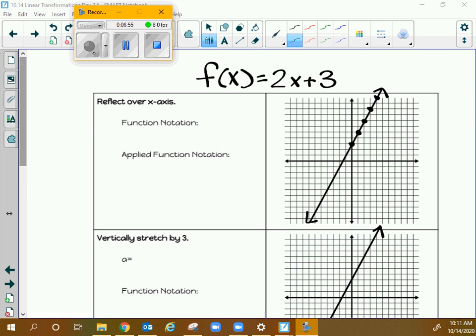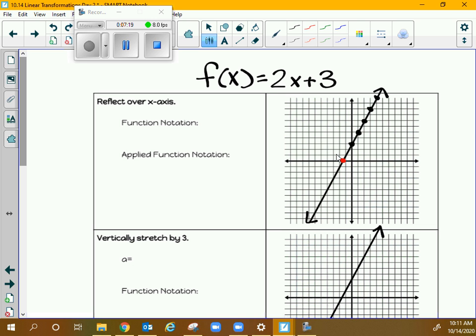You're reflecting over the x-axis; you are flipping over the x-axis. And this point is going to be the same for both lines, because this line is going to flip, and that's your point of reflection. It flips on that point as if it's an axis, because it's flipping over the x-axis.